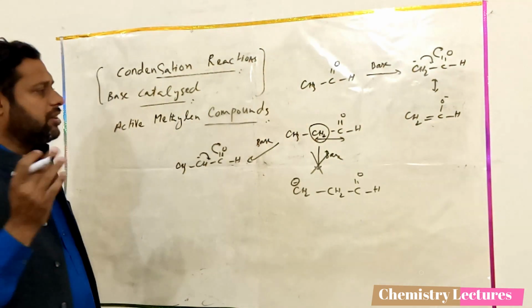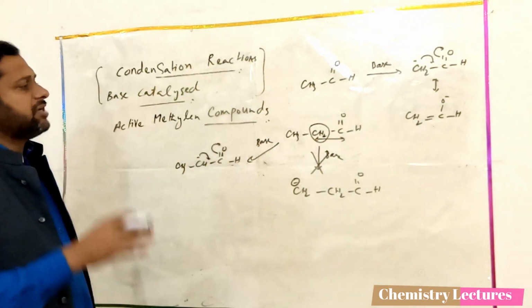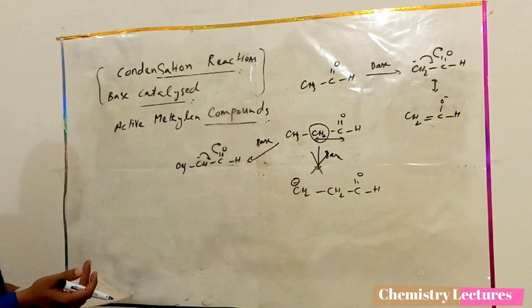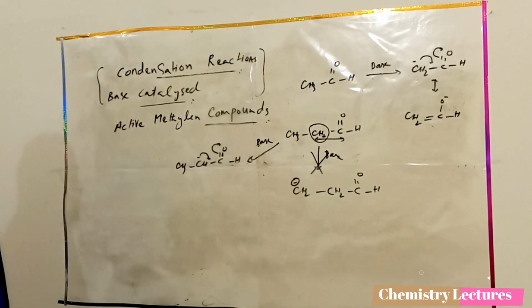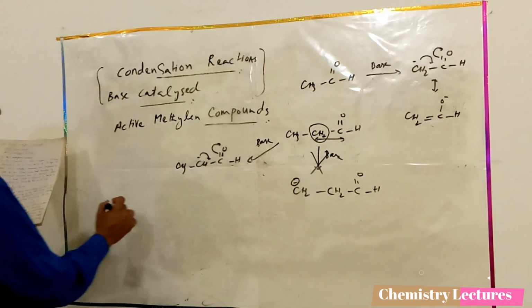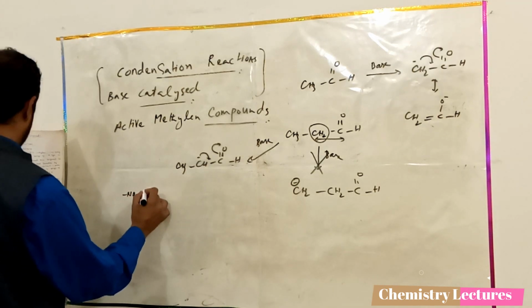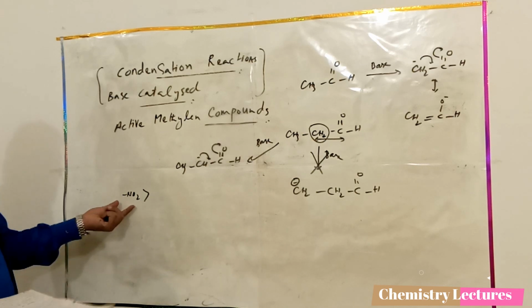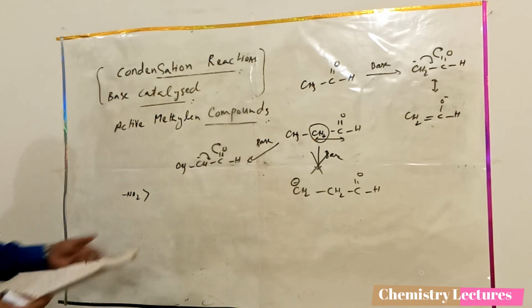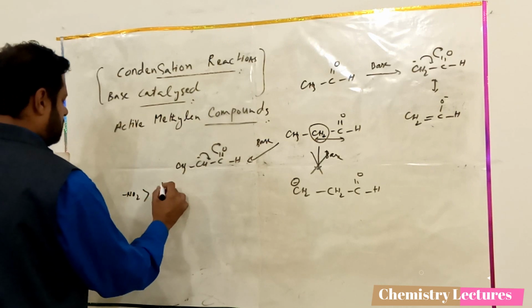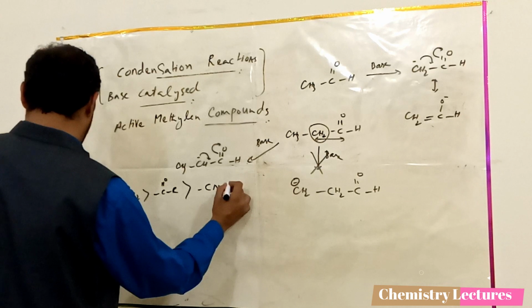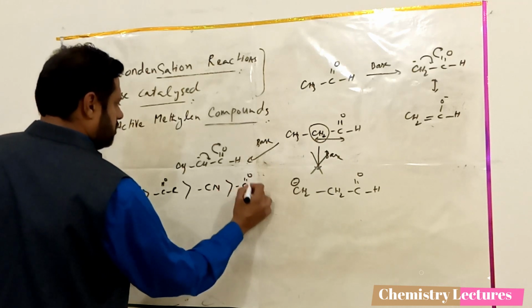So it means all those methylene carbons which are attached to any electron withdrawing groups are called active methylene compounds. The withdrawing groups that activate methylene compounds are different. For example, the nitro group is the strongest withdrawing group which activates any methylene it is attached to. Then COR carbonyl groups, then the cyanide group, and then any carboxylic group.